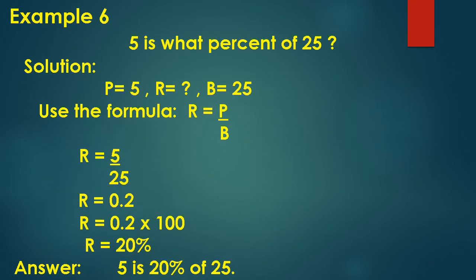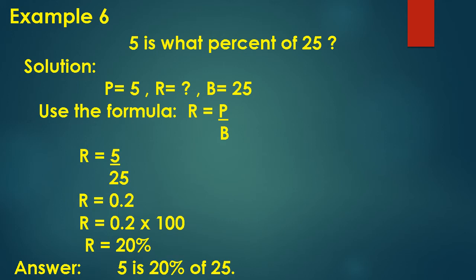Example number 6. 5 is what percent of 25? Solution. Our P here is 5 and the rate is missing, or we do not know. The base is equal to 25. We are going to use the formula R is equal to P over B. So our P is 5 and the base is 25.